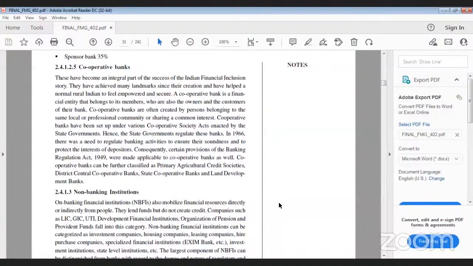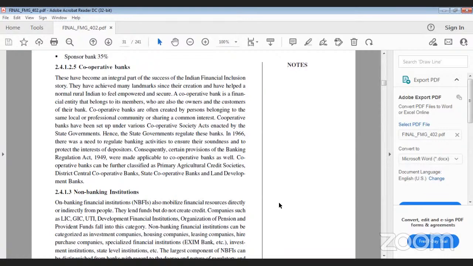Cooperative banks can be further classified into primary agriculture credit societies, district central cooperative banks, state cooperative banks, and land development banks.